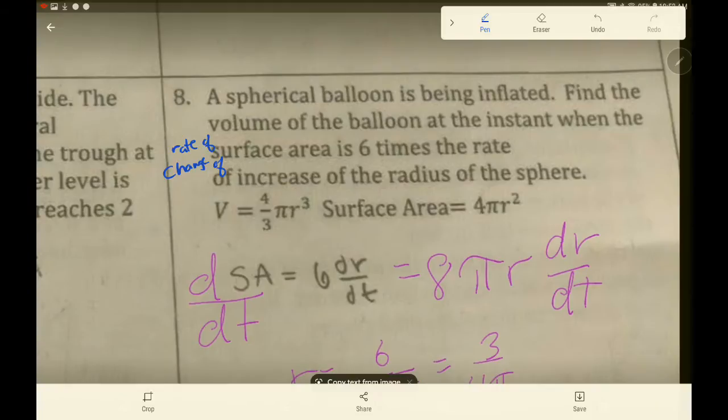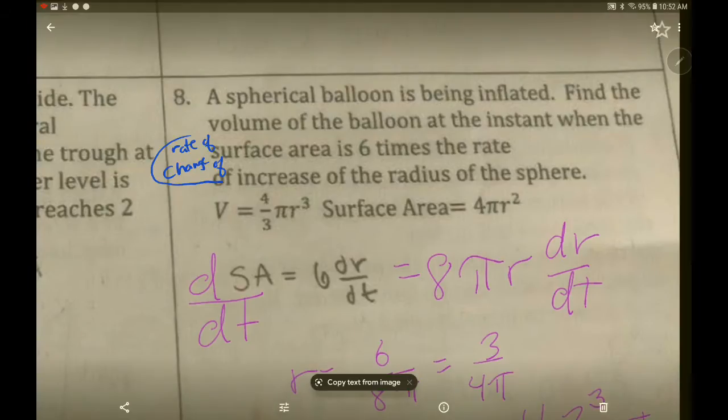However, if the rate was very, very slow, then 6 times a very slow rate would also be a very small surface area, and the volume would be very small. So this doesn't make any sense as stated because you couldn't get a definitive answer. It would depend on the rate that the balloon is being inflated, which they don't tell you. So when I looked this up online, this exact wording came out, except it says rate of change of surface area. Now the problem makes sense.